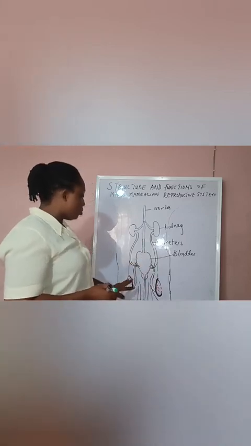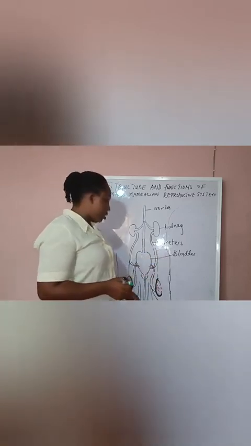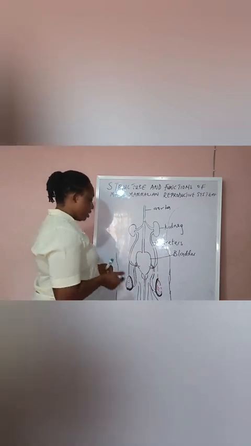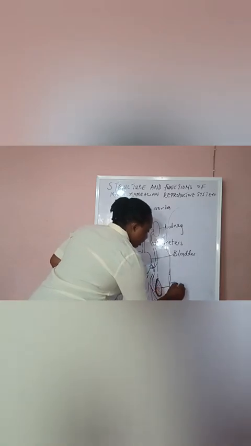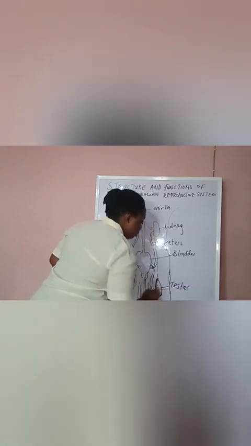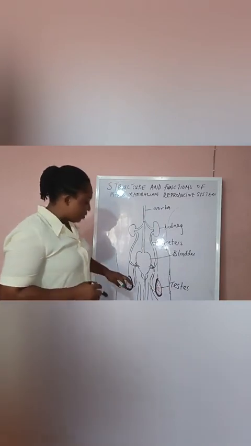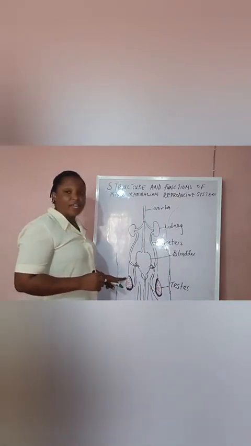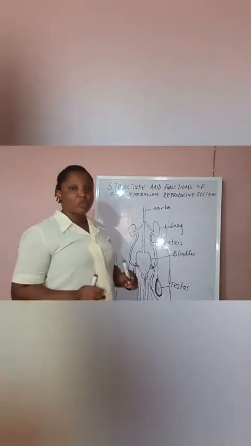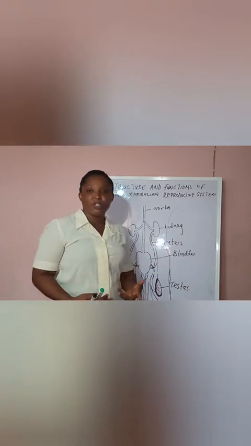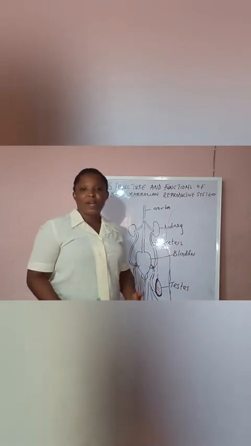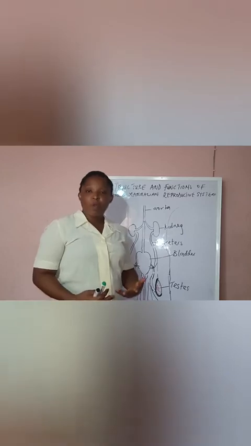So now let's go to the reproductive system. The first organ we are going to be looking at is this organ here, which is known as the testes. If you look closely, you are going to see that there is a replica of the organ here. It's two oval structures that are located on the external part of the male body.